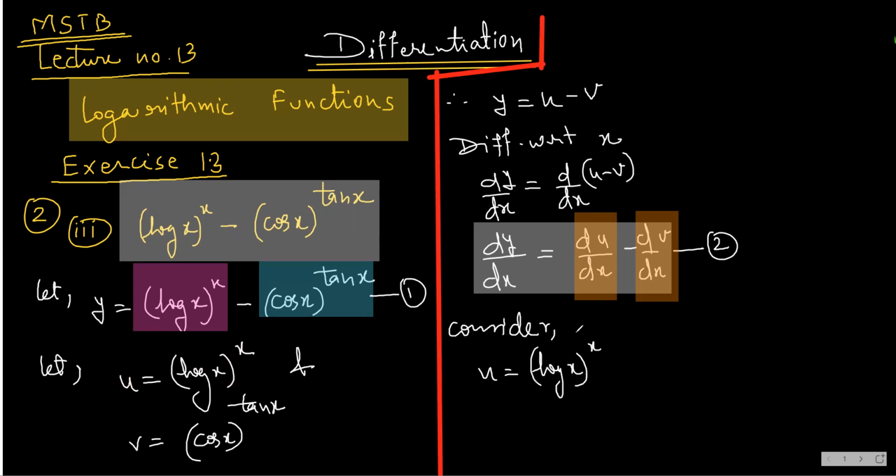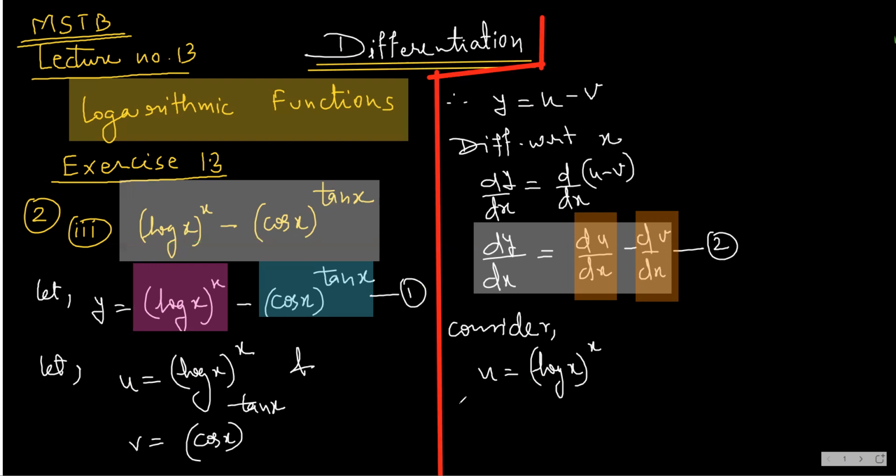Now I want to take log on both sides. That's the thumb rule: if you have variable raised to variable, you take log on both sides. We couldn't take log earlier because we had a negative sign in between.